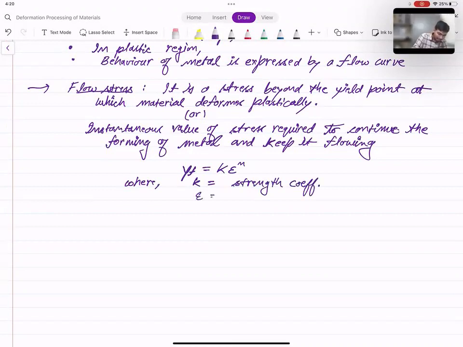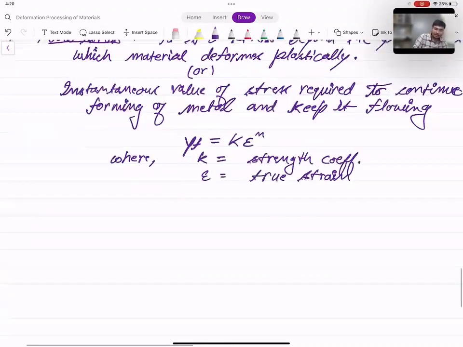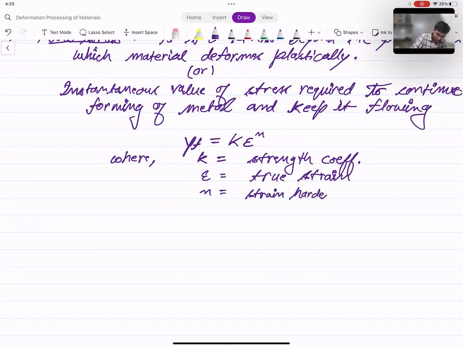Epsilon is the true strain developed in the material, and n is known as the strain hardening coefficient or work hardening coefficient.